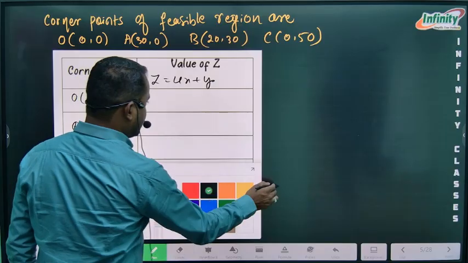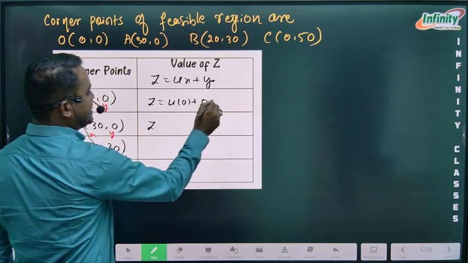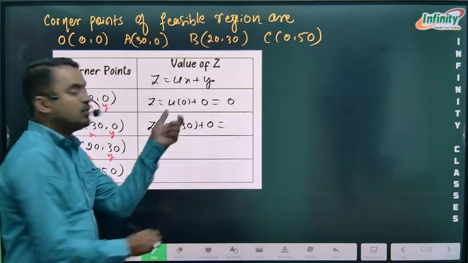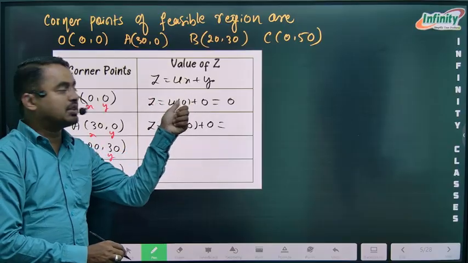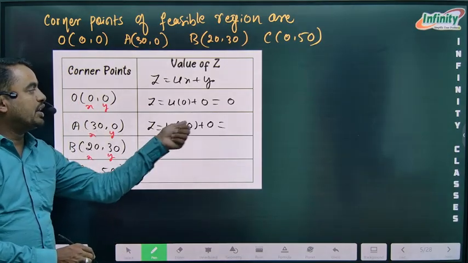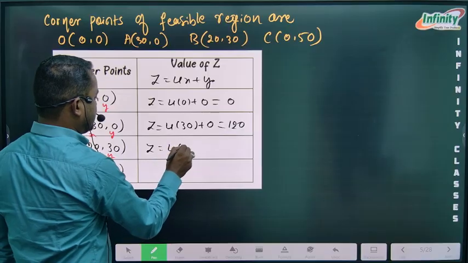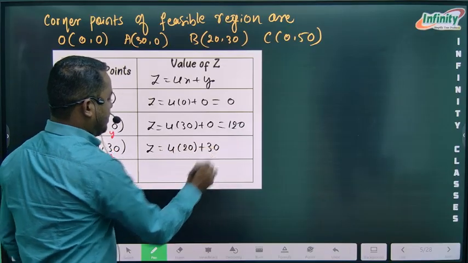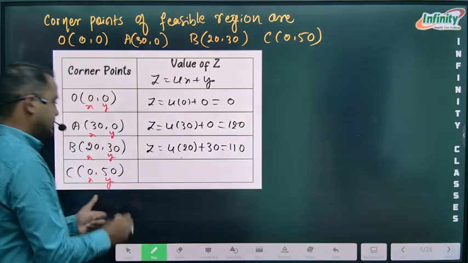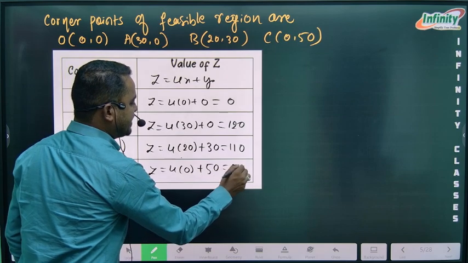At O, Z is equal to 4 into 0 plus 0, which is 0. At A (30, 0), 4 into 30 plus 0 is 120. At B, Z is equal to 4 into 20 plus 30: 4 into 20 is 80, 80 plus 30 is 110. And at C, Z is equal to 4 into 0 plus 50, which is 50.